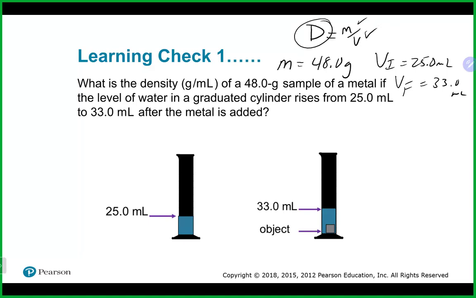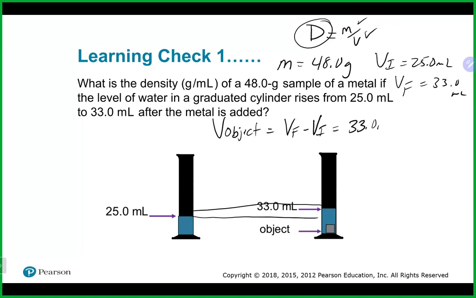We do need to figure out our volume, and again, it is basically the difference there, right, between where it started and where it ended. So the volume of our object is going to be our final volume minus our initial volume. So we're going to go 33 milliliters minus our 25 milliliters.